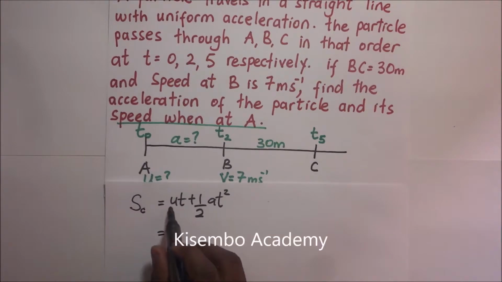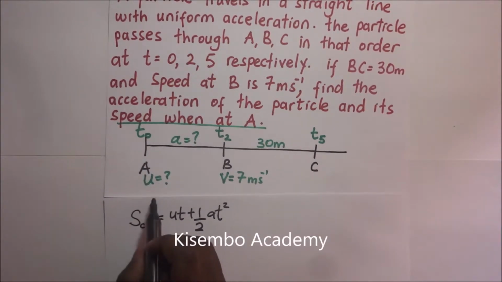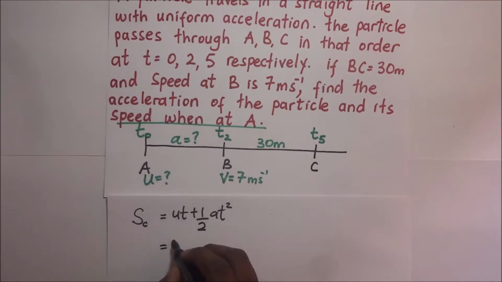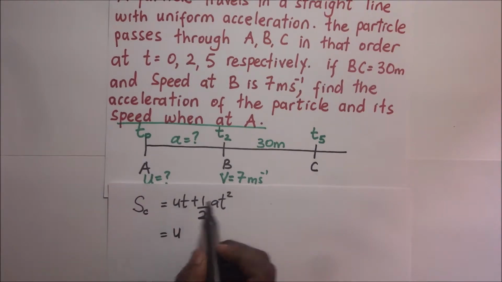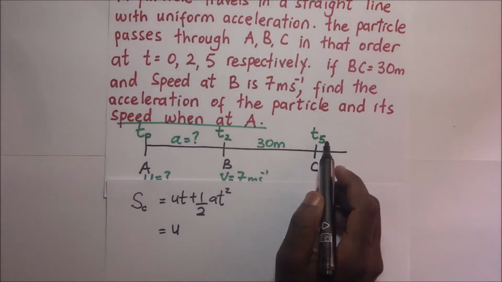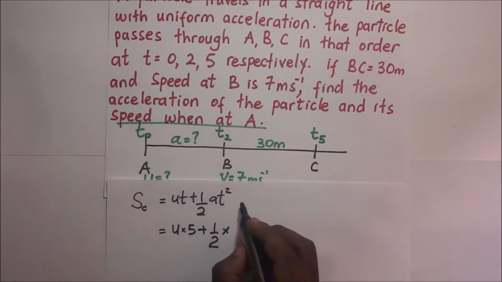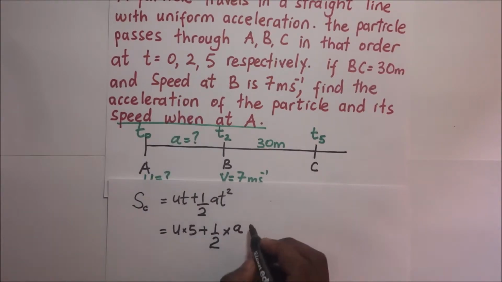We know the distance covered after traveling up to C, initial velocity here we do not know, so we shall call it u, times the time, where the value of t at C is 5, so u times 5, plus a half times the acceleration, which we do not know, times t squared, 5 squared.